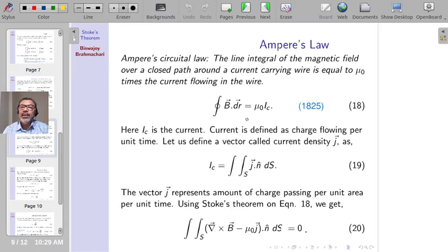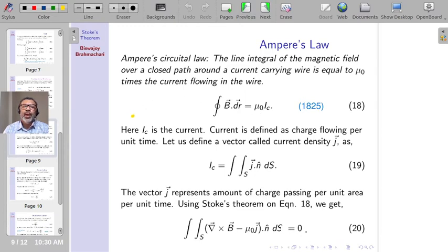Next, let us look at Ampere's law. Ampere's law says that if we take the line integral of the magnetic field around a closed curve, and the current carrying wire is carrying a current I_C, then Ampere's law is ∮B·dr equal to μ0 I_C.